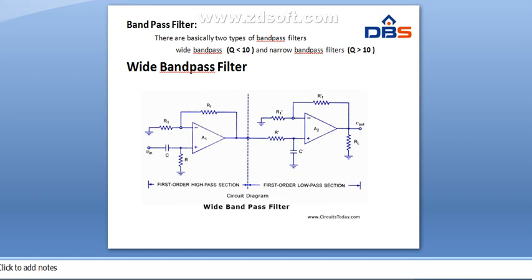The wide band pass filter is formed by cascading a high pass filter and a low pass filter. So the first one is the high pass filter and the second one is the low pass filter. This is the wide band pass filter circuit diagram.